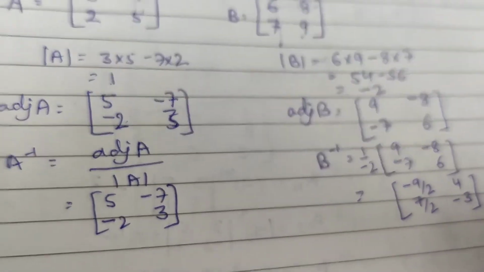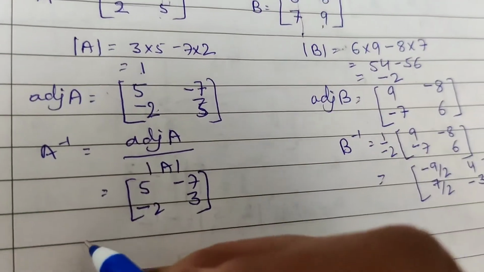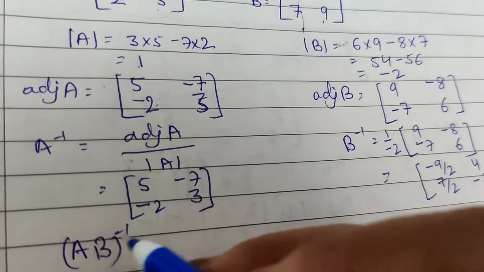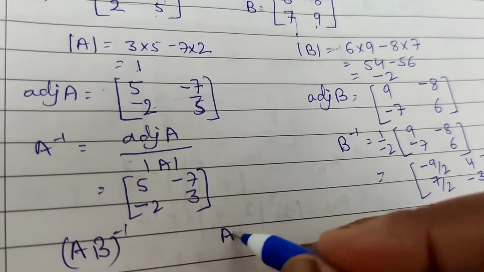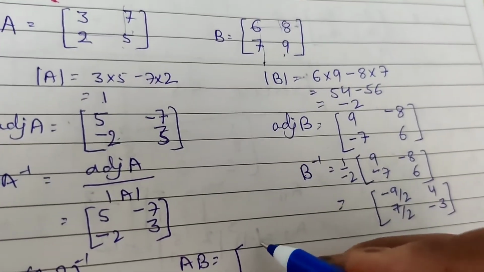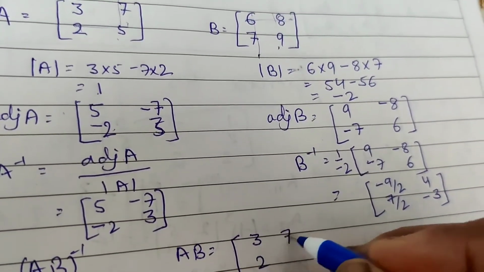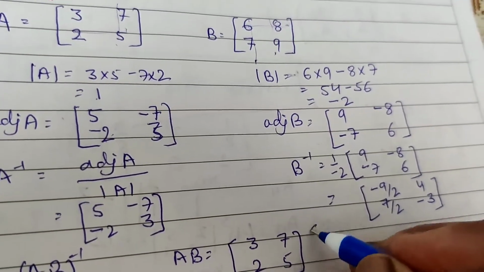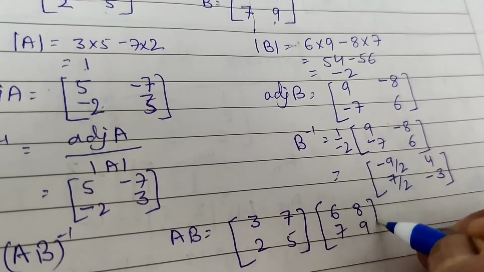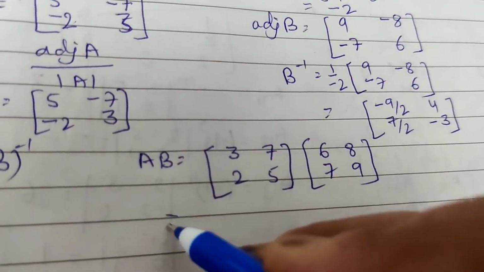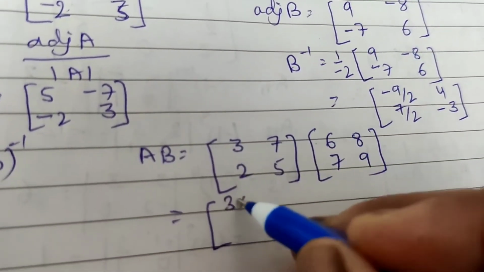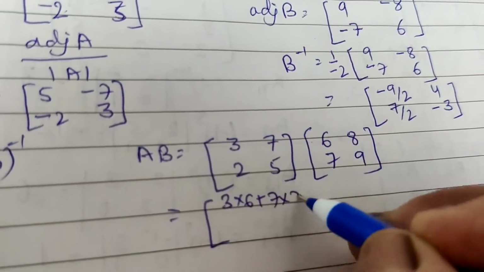Now we have to prove the AB inverse. So first we have to find the AB inverse. For finding AB inverse, first we have to find the product AB. A is 3 7 2 5 and B equal to 6 7 8 9. Now multiply these two matrices. First row, first column, 3 into 6 plus 7 into 7.